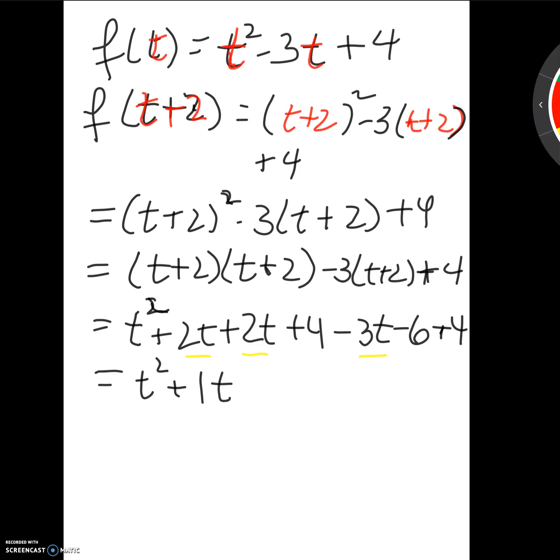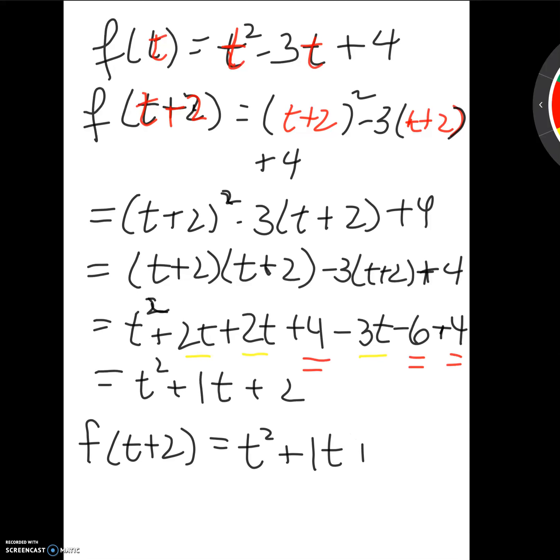And then in terms of constant terms, I have plus 4, I have minus 6, I have plus 4. That's going to give me 4 minus 6 is negative 2. Negative 2 plus 4 is 2. So substituting in t plus 2 for this function, f of t plus 2, gives me t squared plus 1t plus 2.